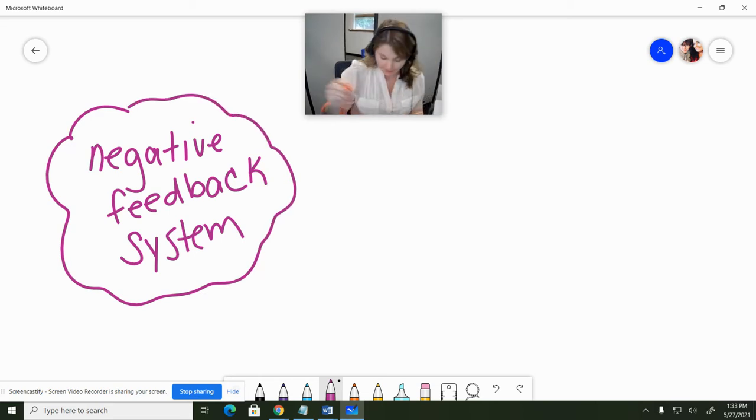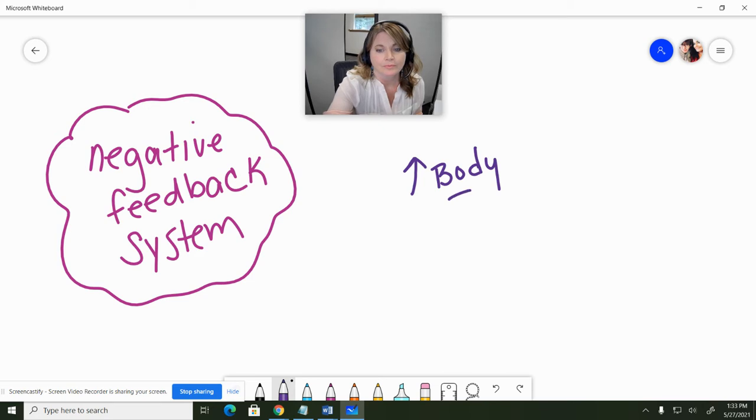Okay. So, for example, your body temperature goes up. I'm just going to use an arrow to represent going up: increase in body temperature. What happens with that?